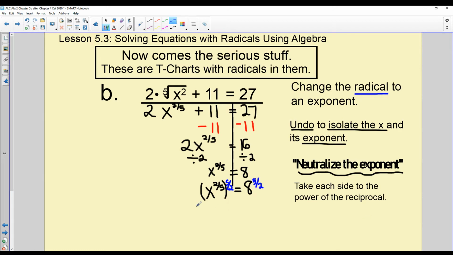All right, so you're going to type in your calculator 8 to the 5 divided by 2 power. Because this has been neutralized, 2/5 times 5/2 is 1.